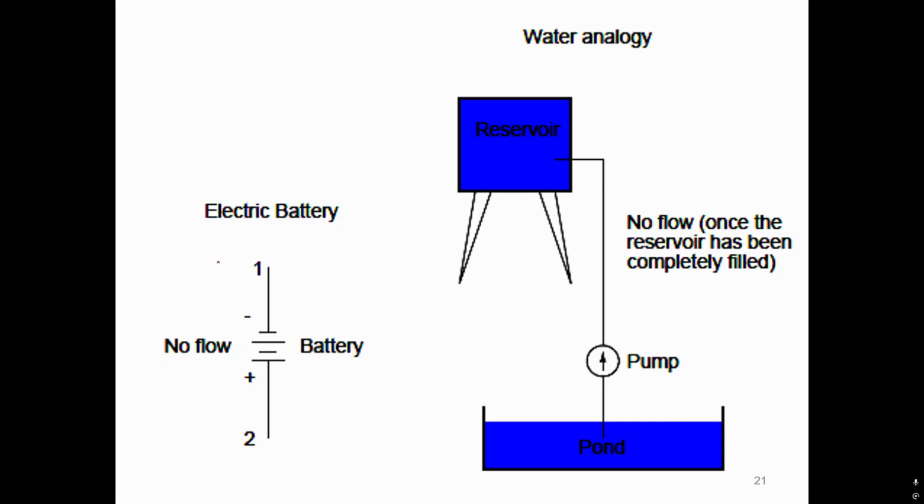This is similar to a battery, right? The positive potential of the battery is equal to the reservoir, and the negative potential is equal to the bottom pond. But here there is no flow, just energy stored at a higher potential.